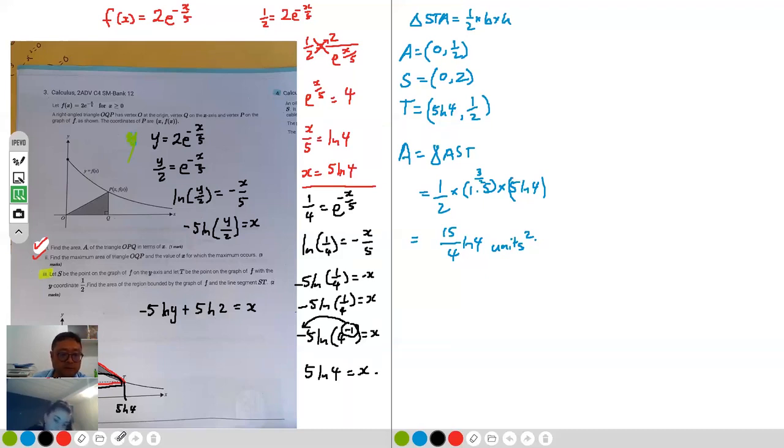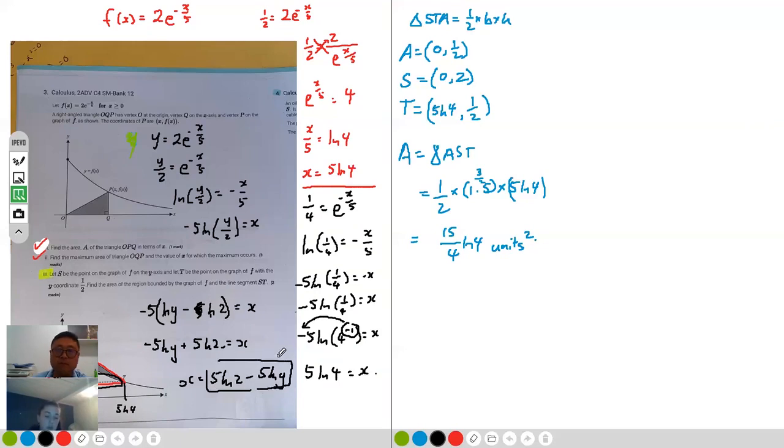I'll show you what I did. Does that make sense? Yeah. And then it becomes minus 5 ln y plus 5 ln 2 equals x. So x equals 5 ln 2 minus 5 ln y. Got it? Yeah.